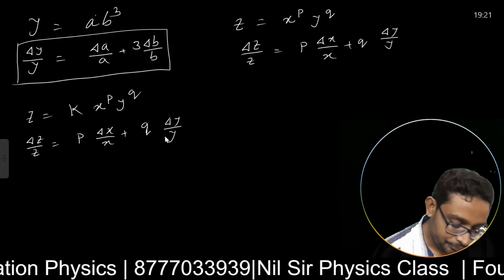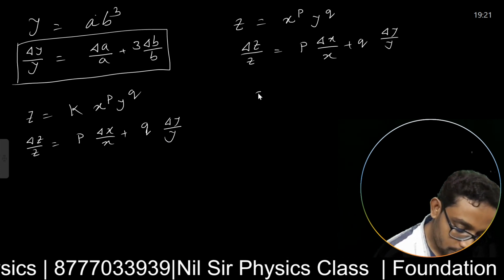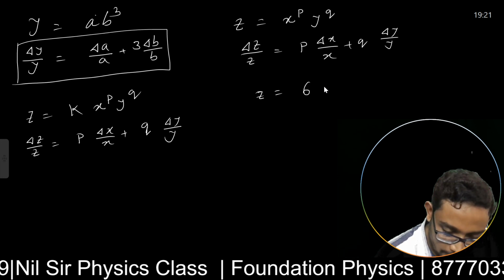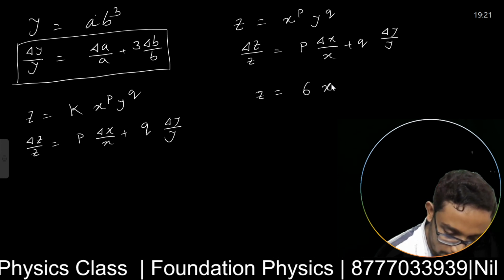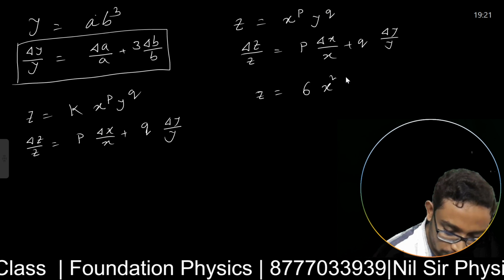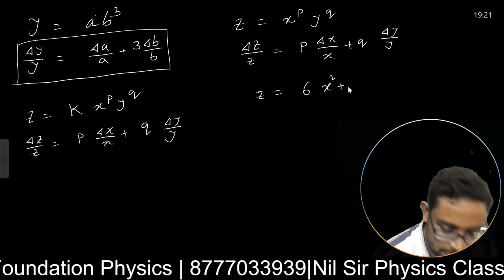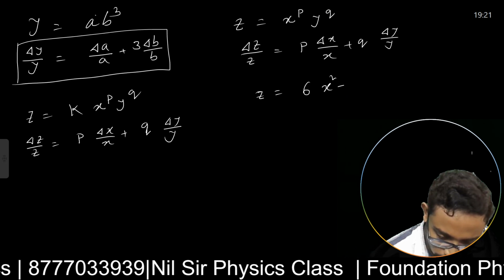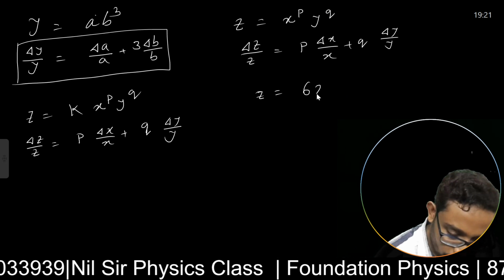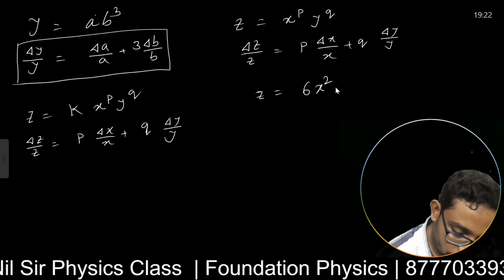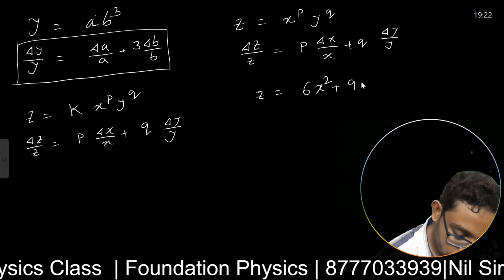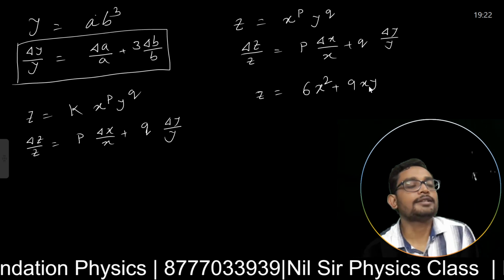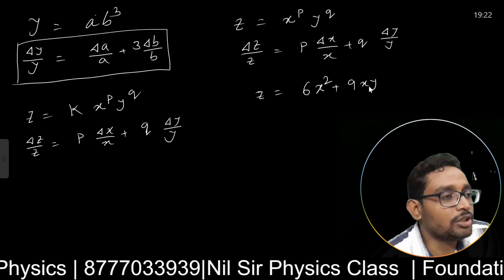For example, z equals 6 x square plus something.